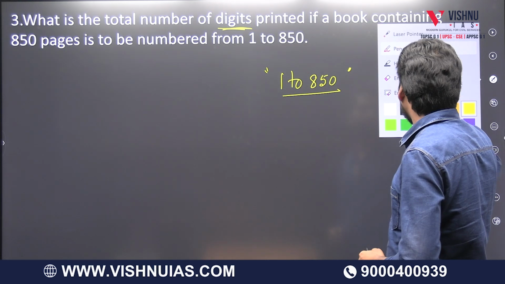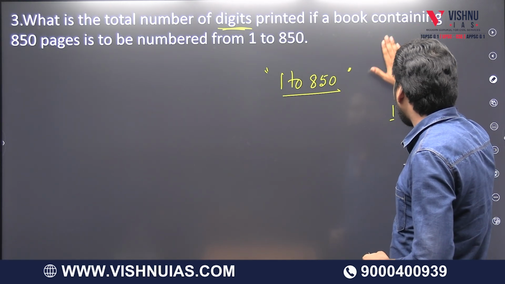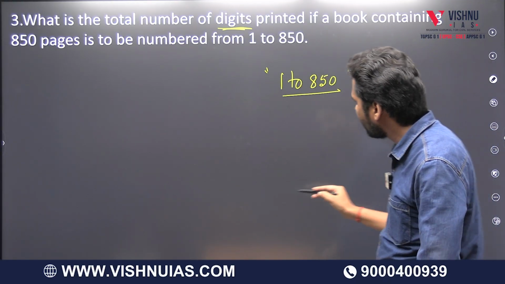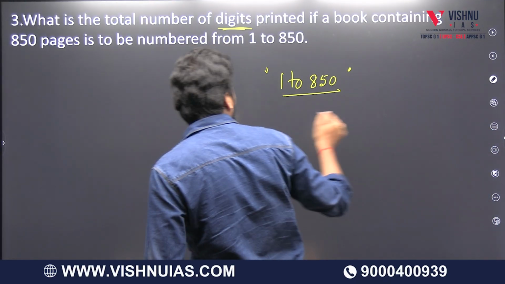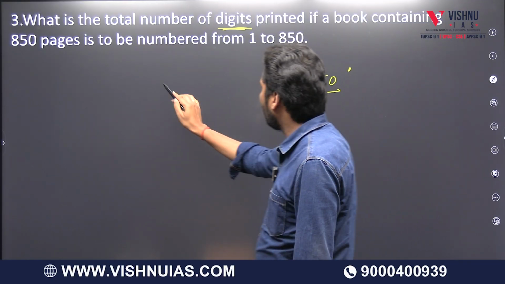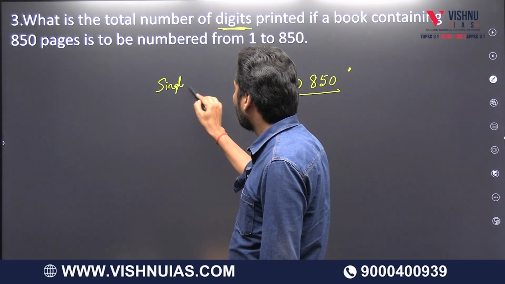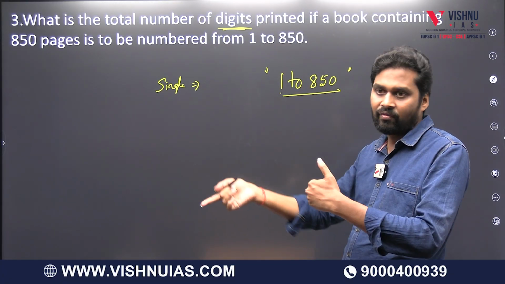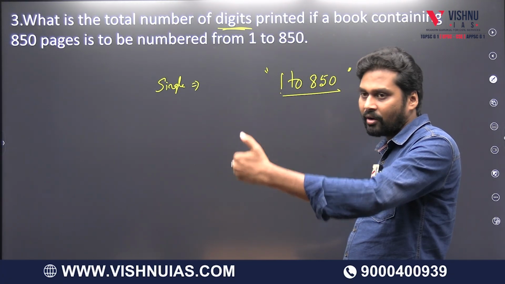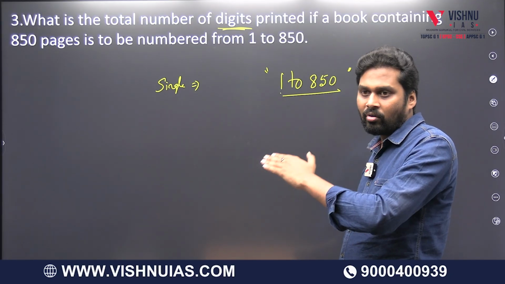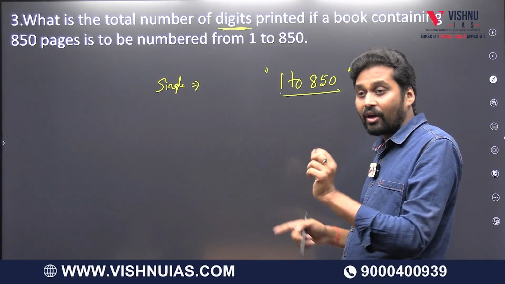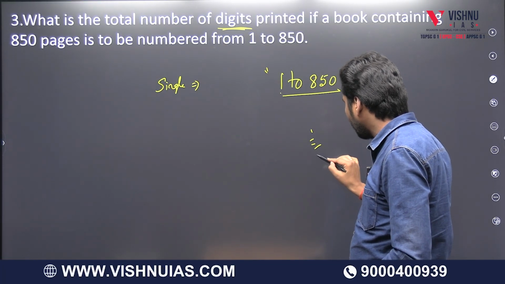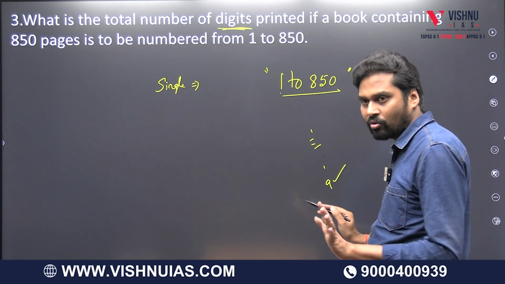So suppose a book has pages 1 to 850, how many digits are printed? How many digits means how many digits we are using. In a book where we have page numbers 1 to 850, in total we need to count how many digits we are using till 850. So 1, 2, 3, 4, 5, 6, 7, 8, 9, till 9 it's okay.